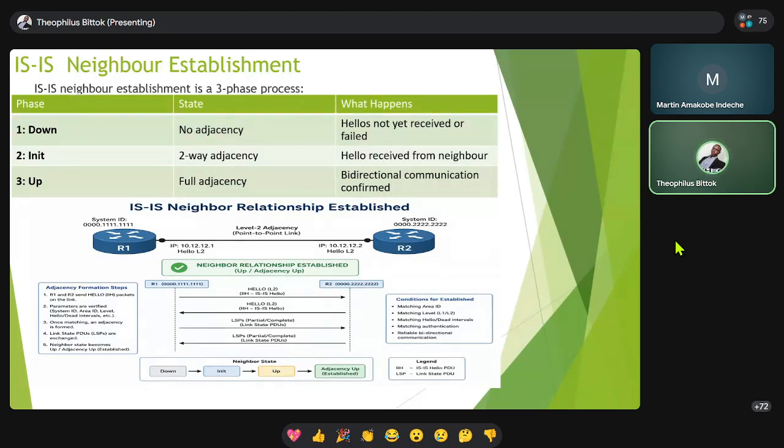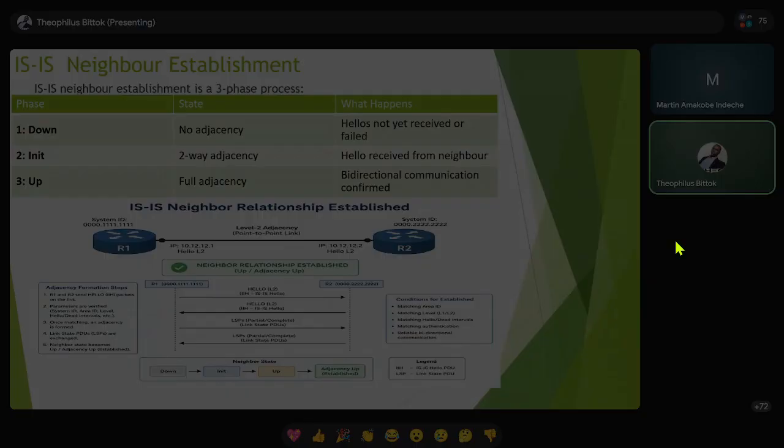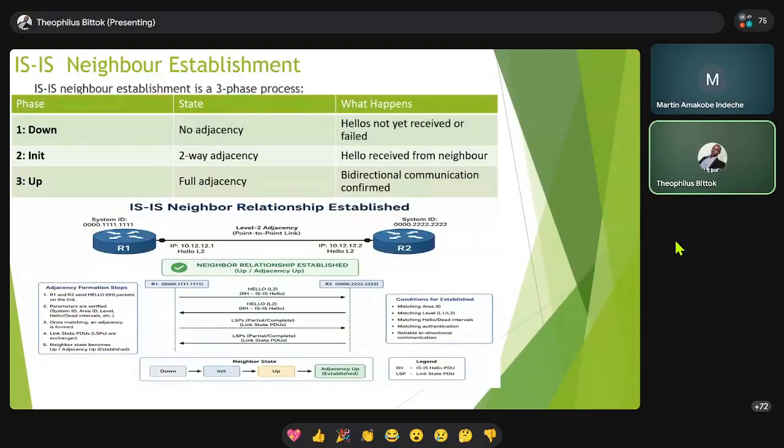So if, for example, R1 is an L1 router and R2 is an L1 router, but I configure area 5 here and area 6 here, the adjacency is not going to be formed because we have different areas configured on the two routers that are supposed to form the adjacency.